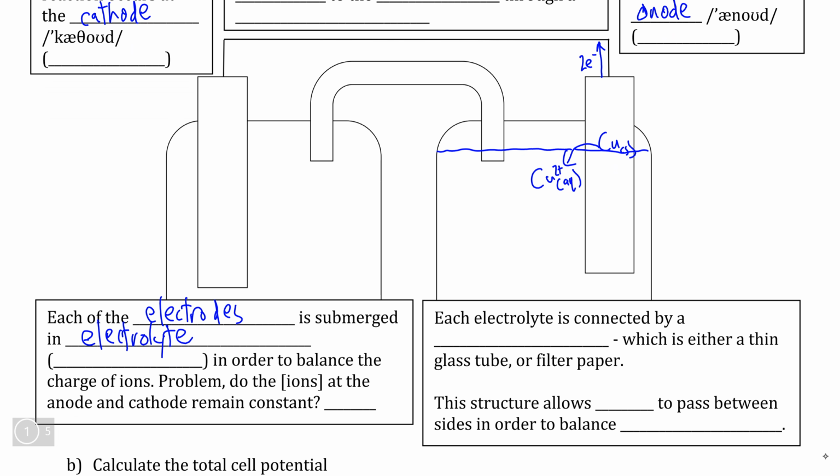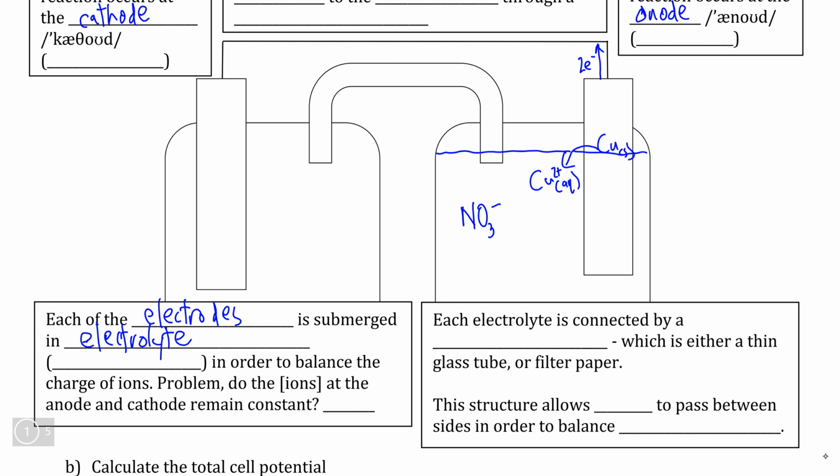We don't need to write water because it's understood that water is the basis of this solution, but we need a counter ion that can balance out this charge. One common counter ion that is used is nitrate, because all nitrates are soluble in water, so we wouldn't get copper nitrate precipitating out of the solutions.